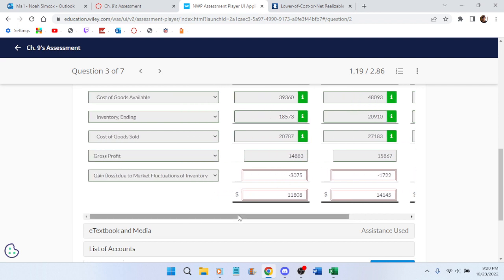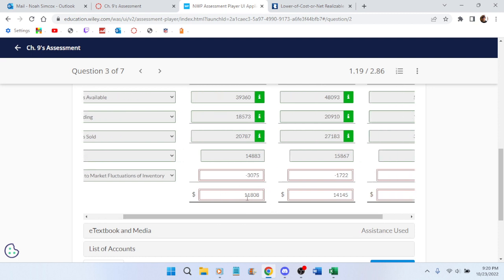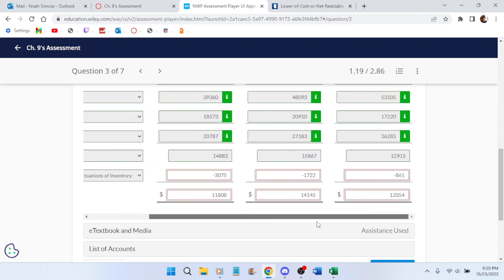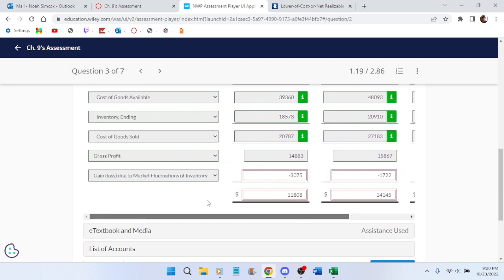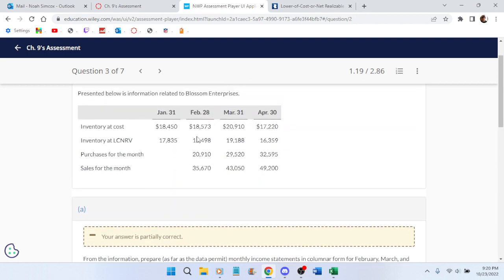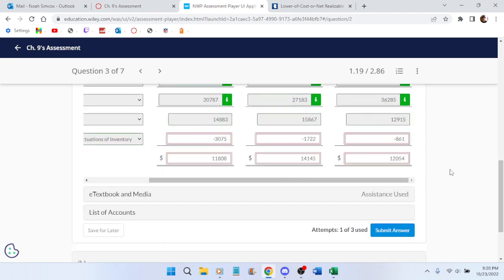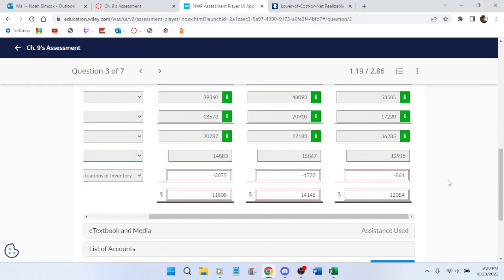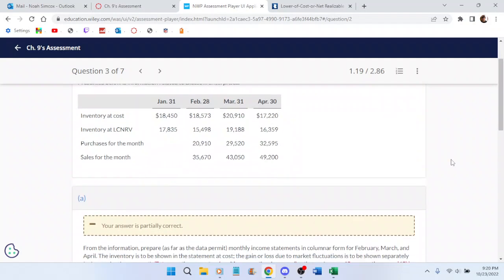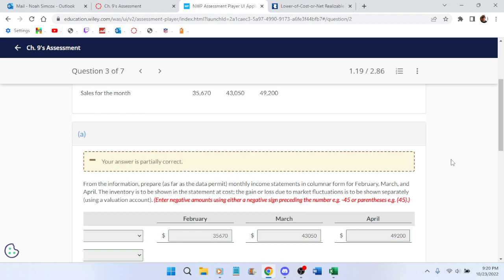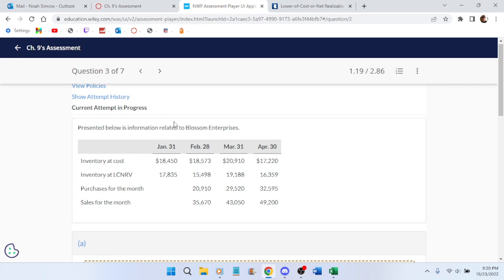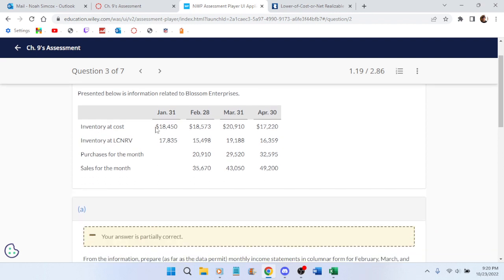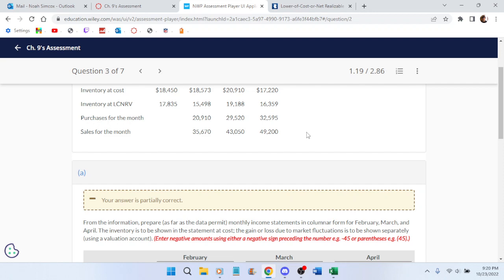But guess what? These numbers are still wrong, so how on earth is that the case? It's not gains. All of them lost value. They all went down. They're all losses. Dude, this is stupid. How is this not how you do it? Also, this is dumb because it's only the lower of net realizable value, not lower of cost or market.